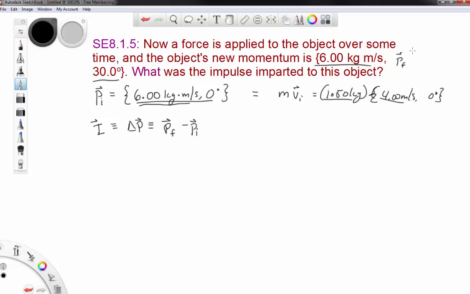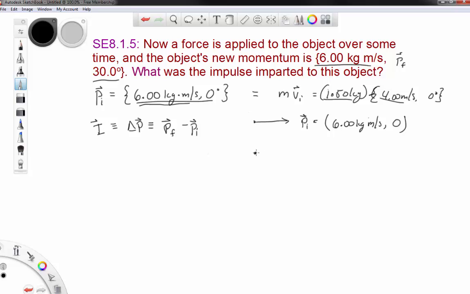Again, you could do this graphically by graphing these two, or we can split them into components. So this 0 degree component basically means we have a momentum that's initially like this, and so that's the same as saying that the initial momentum is entirely in the x direction. So 6 kilogram meters per second, 0.